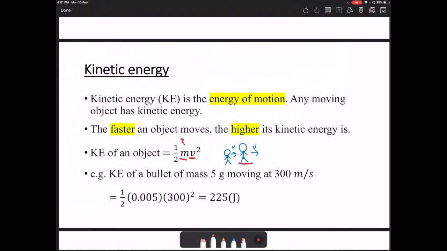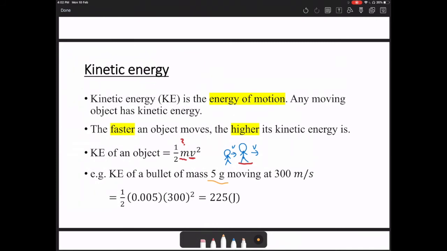Let me give one example. The kinetic energy of a bullet of mass 5 gram moving at 300 meters per second is equal to a half times m. So mass is 5 gram. However, we have to convert it to the SI unit, which is kilogram.